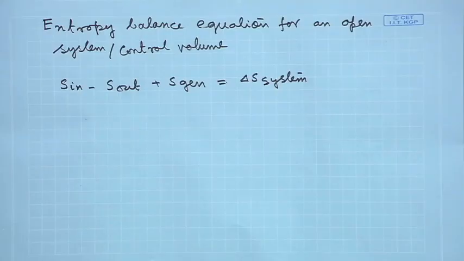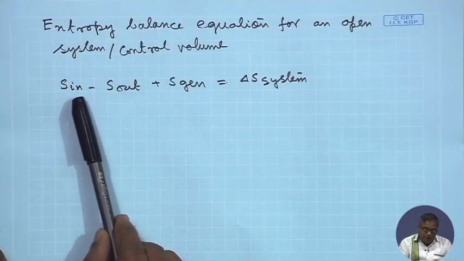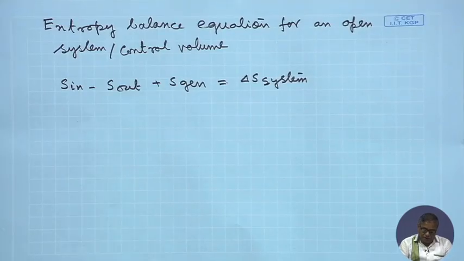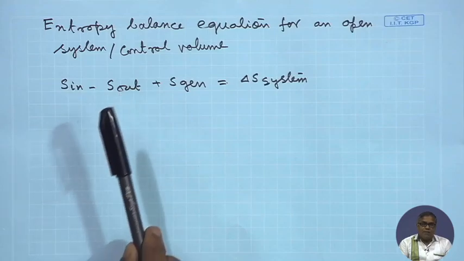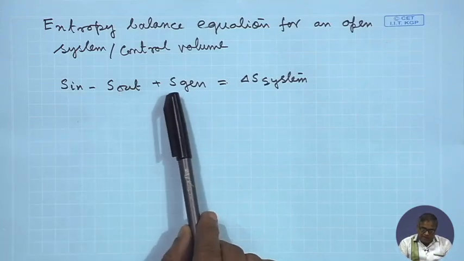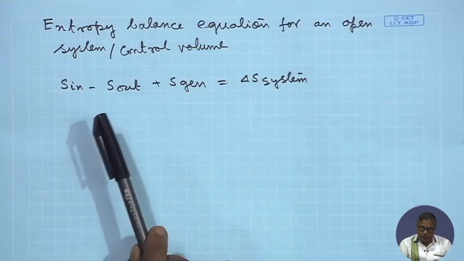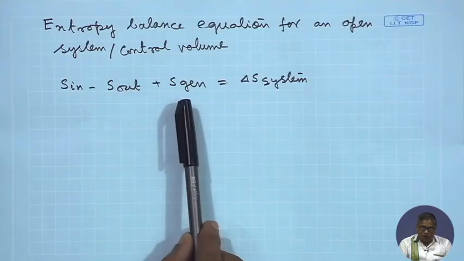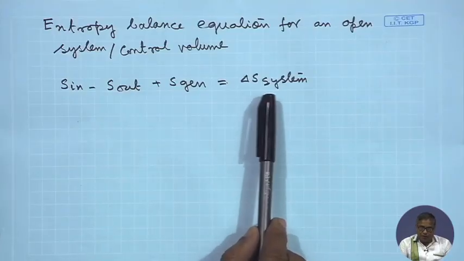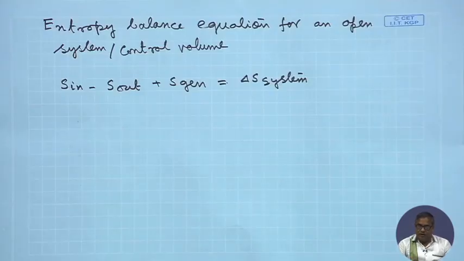So, we can understand it during a particular time. So, during that particular time, S in amount of entropy has entered the control volume, S out amount of entropy has gone out of the control volume, S gen is the amount of entropy generated within the control volume. So, the summation of all these will give the accumulation of entropy within the system, or change of entropy for the system during this period.